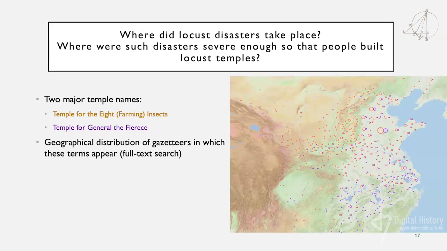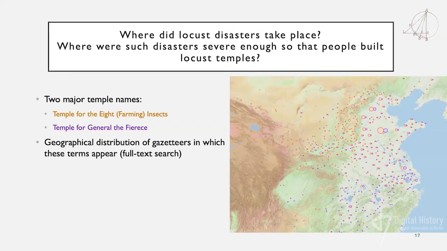Okay, I think I already talked about this, that I distinguish two different temple names, but the question behind is actually, where did locust disasters take place in historical China? Why we can use the locust temples to approximate it is that only when such disasters happen over and over again would the locals dedicate money to build a temple to try to calm down the disaster.